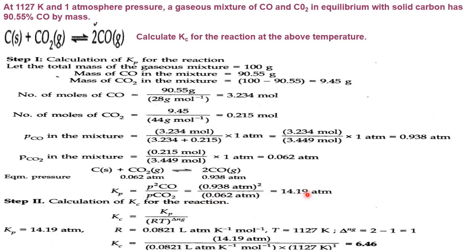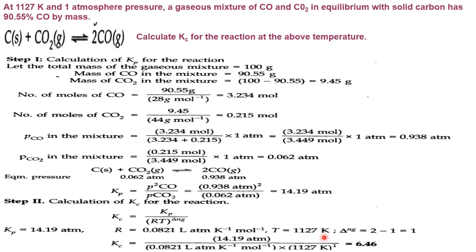Once you know the Kp value, we will go for the Kc value by the relation Kc equal to Kp by (RT) to the power delta ng. Kp here is 14.19. R is the gas constant, which you have to take in terms of liter atmosphere per Kelvin per mole.